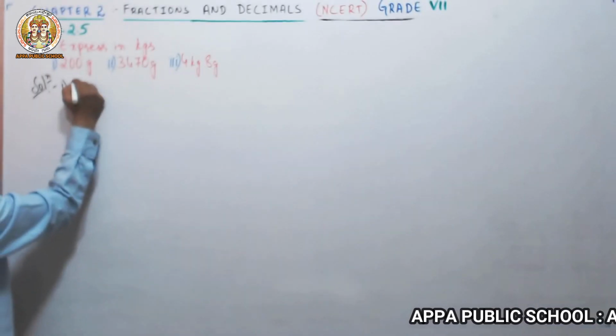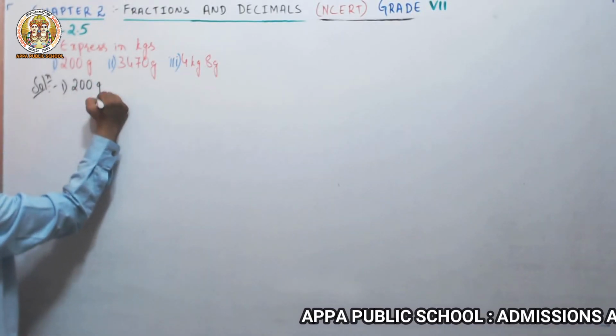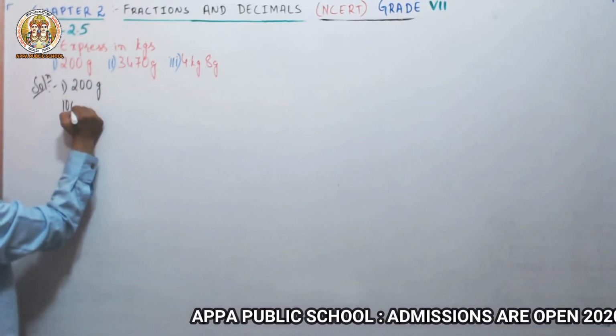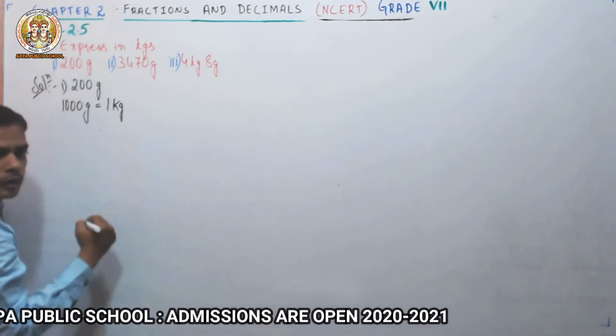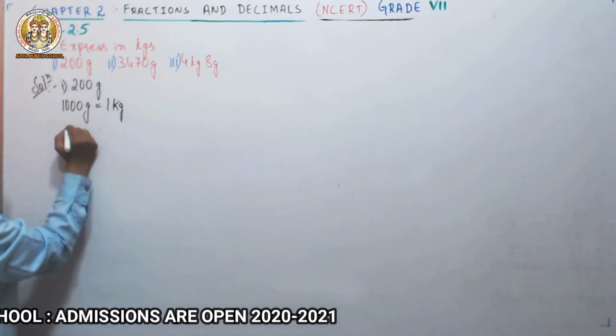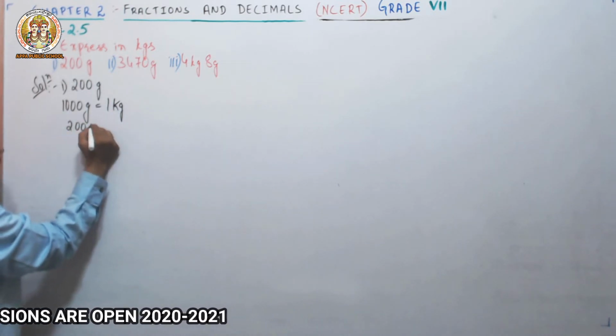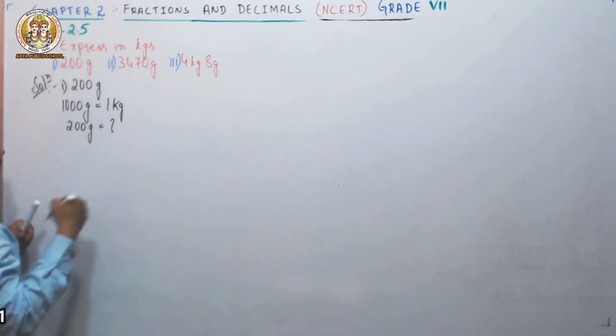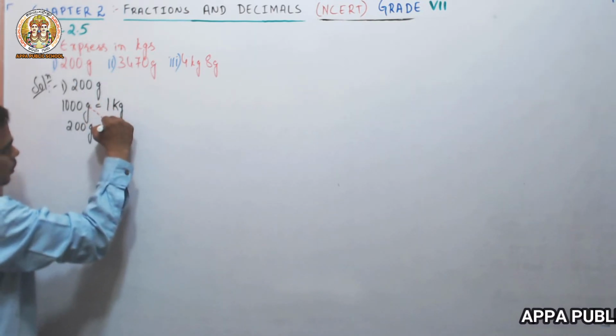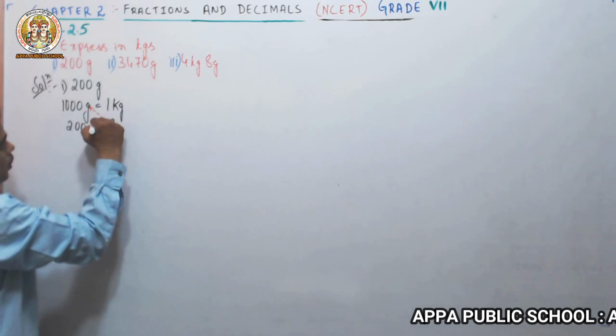So 200 gram. We know that 1000 gram is equal to 1 kg. So 200 gram is equal to how many kgs? Question mark. So here once again cross multiplication. Cross multiply.